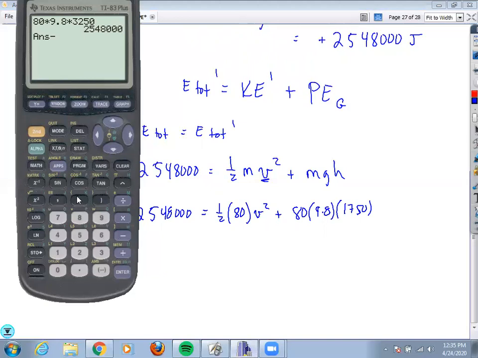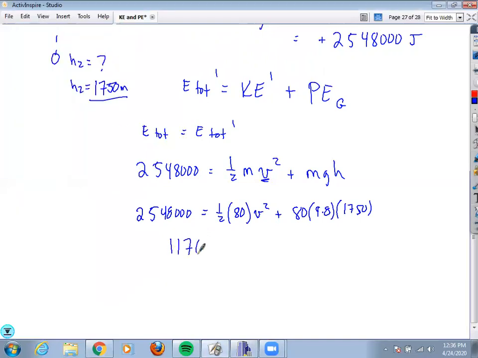I'm going to subtract and put in brackets 80 times 9.8 times 1750. And you get 1,176,000 joules. So 1,176,000 equals 1/2 times 80 times V squared. So 1/2 times 80 would be 40 times V squared.